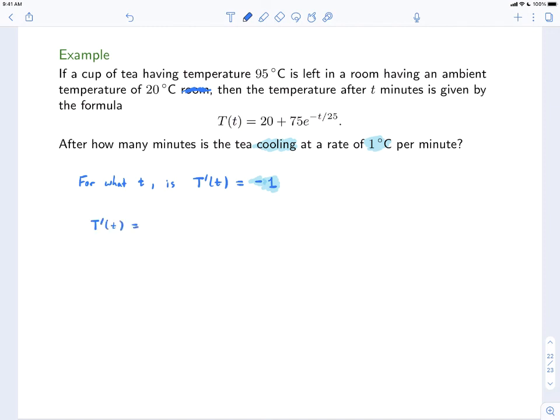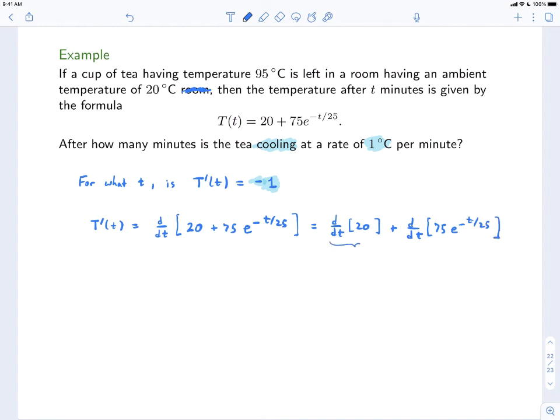This is going to be equal to the derivative with respect to lowercase t of 20 plus 75 times e to the minus t over 25. This is going to be the derivative with respect to t of 20 plus the derivative with respect to t of 75 times e to the minus t over 25, just differentiating term by term.